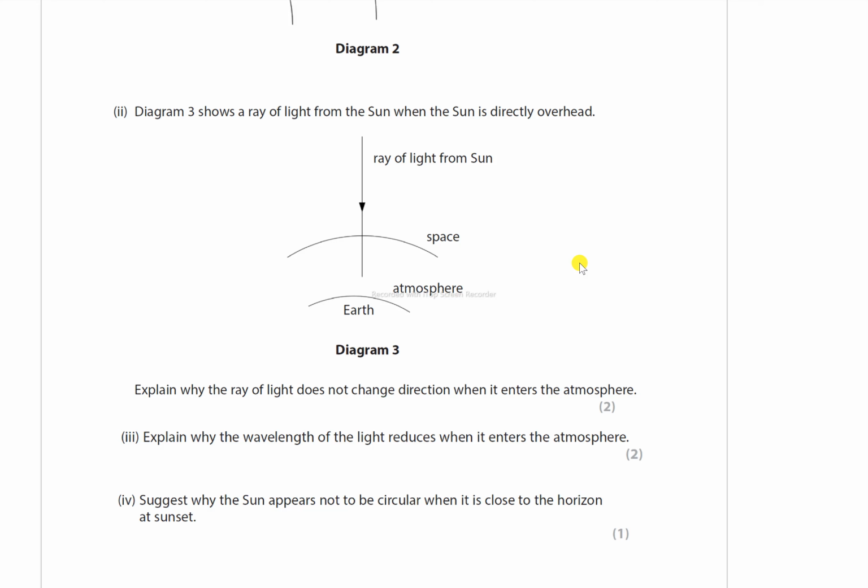Explain why the ray of light does not change direction. You can just simply write: angle of incidence is 0, so angle of refraction must also be 0.